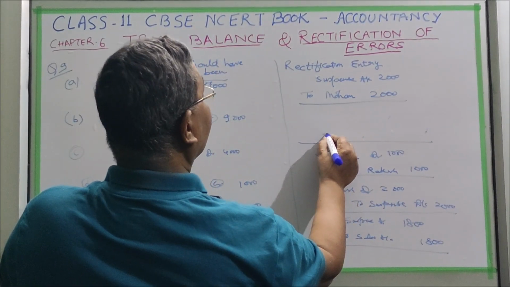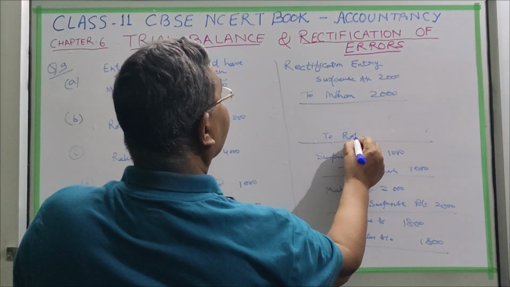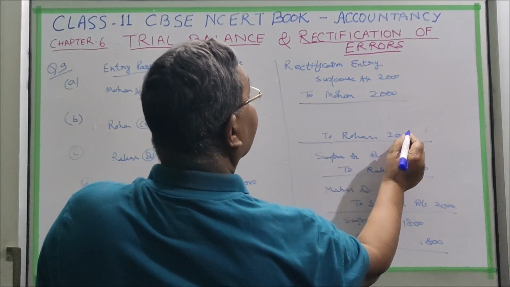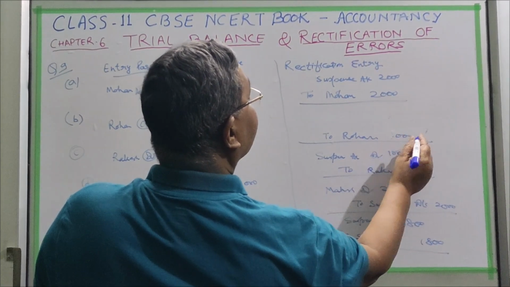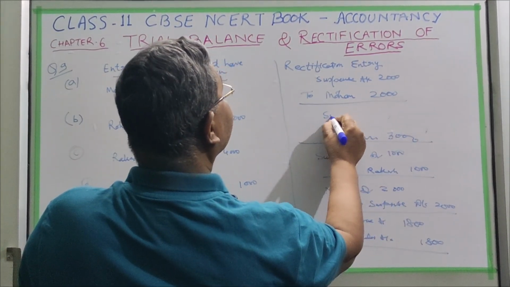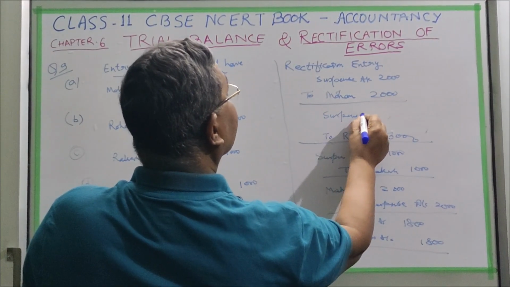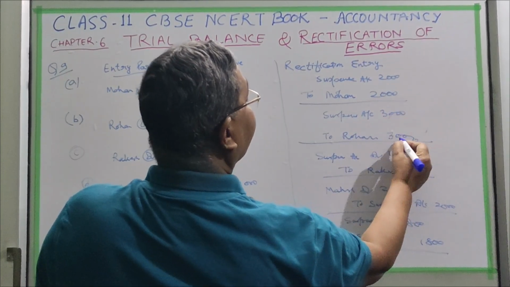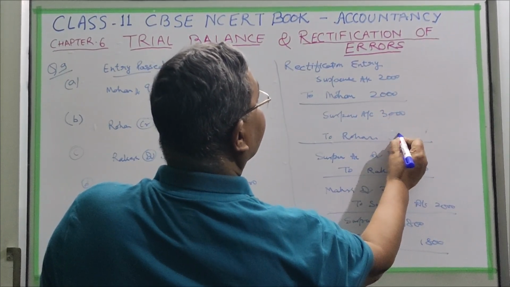So Rohan to Rohan 3,000. Okay. And suspense debit. Suspense account debit 3,000. Okay.